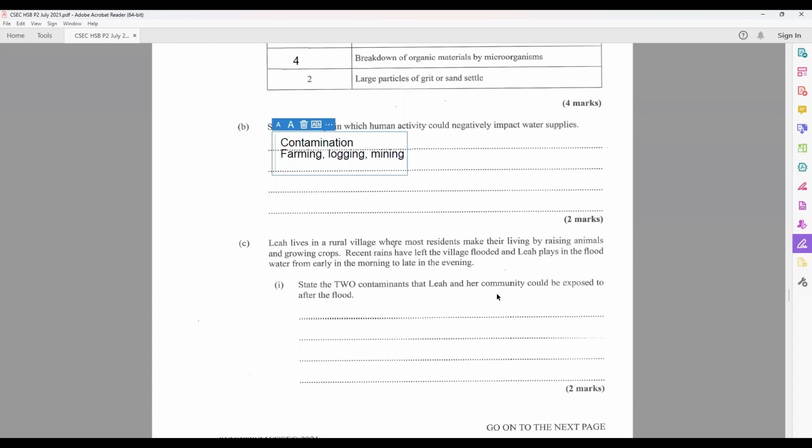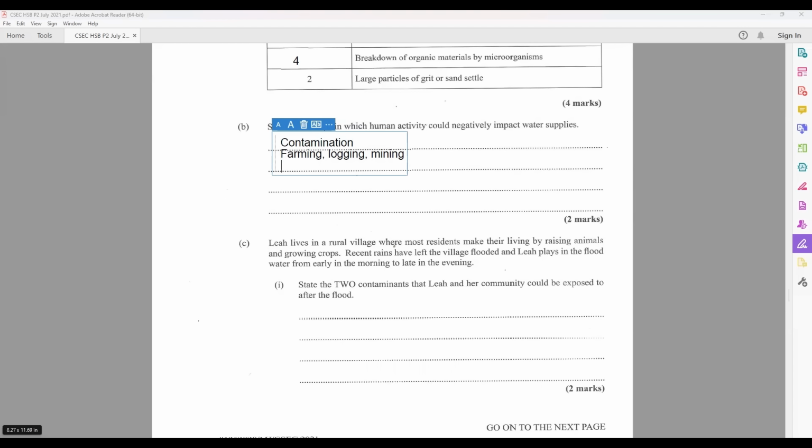Leah lives in a rural village where most residents make their living by raising animals and growing crops. Recent rains have left the village flooded, and Leah plays in the flood water from early in the morning to late in the evening. State the 2 contaminants that Leah and her community would be exposed to after the flood. Remember, it's a rural village, plus they raise animals and grow crops.